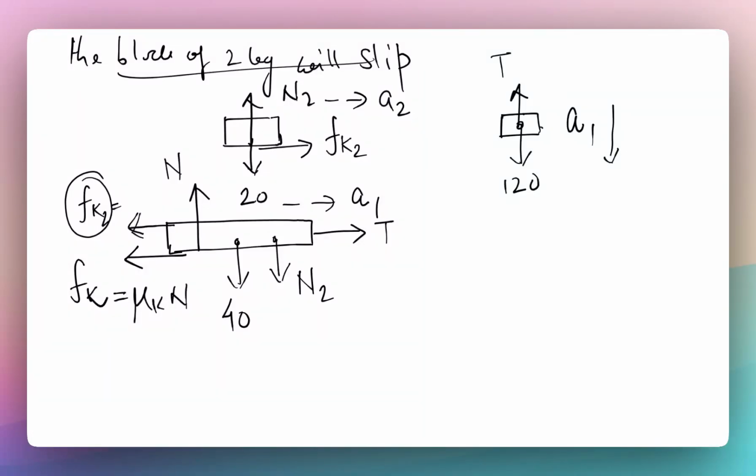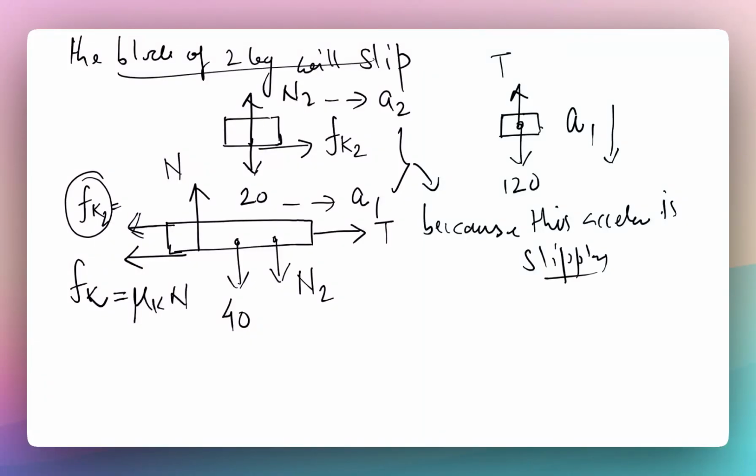Because these accelerations are different, they will slip. Because this acceleration is different, there is a slippage. Now let's simply write the equations of motion for all of them. This one is going to be 120 minus T is equal to 12 kg times A1, so 12A1.